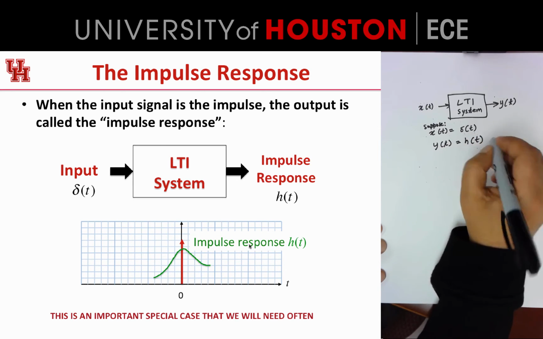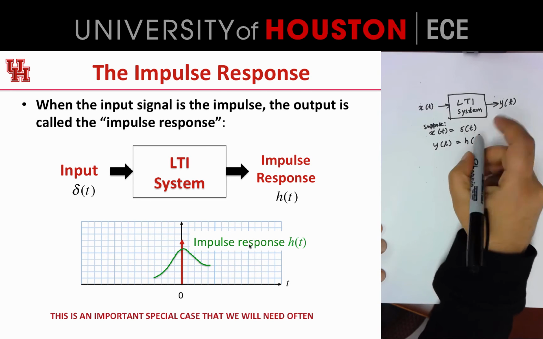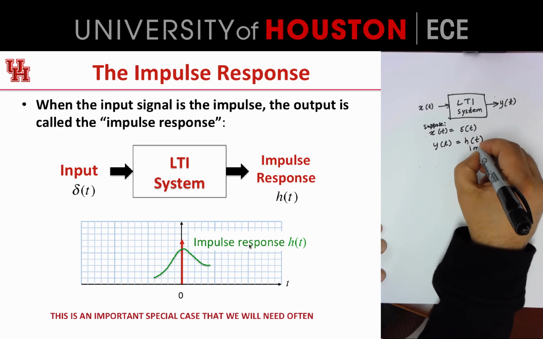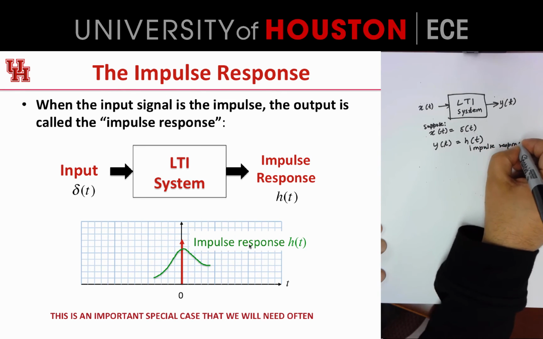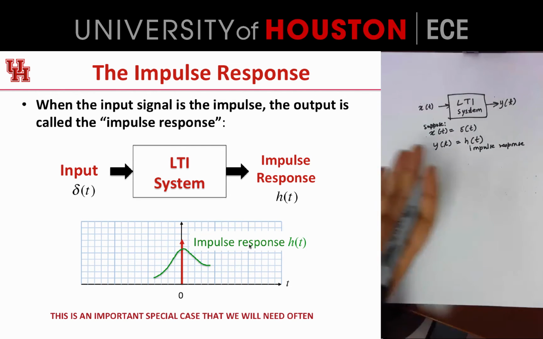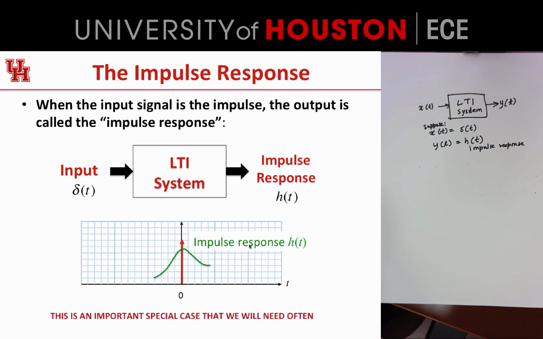This is going to become very common notation for us. So h of t is what we call the impulse response. It's reasonable because it's a response to an impulse. You give it an impulse and you get an output, and that's why we call it the impulse response.